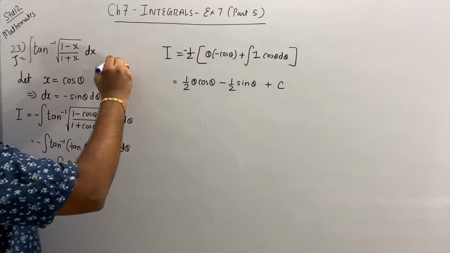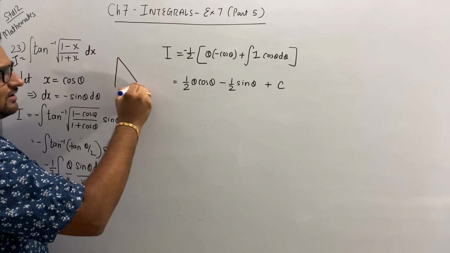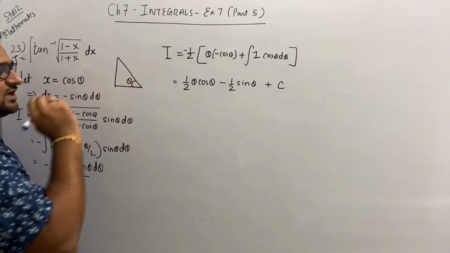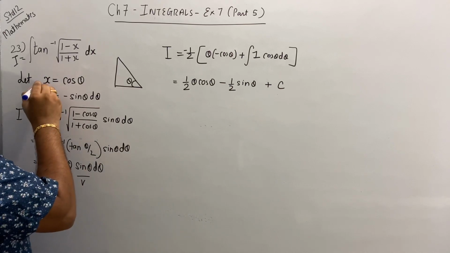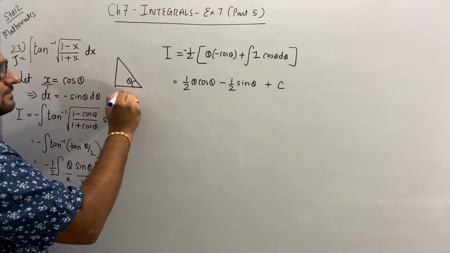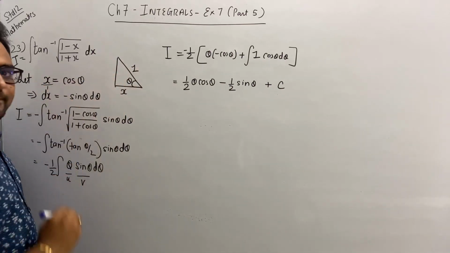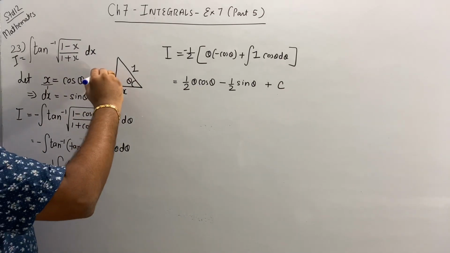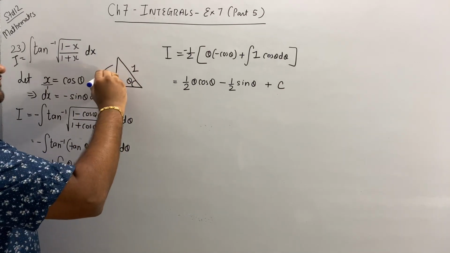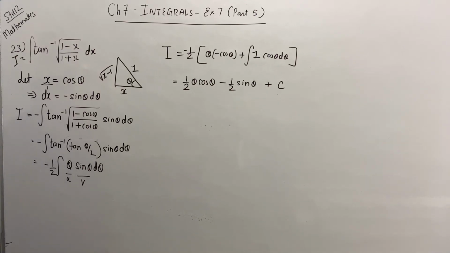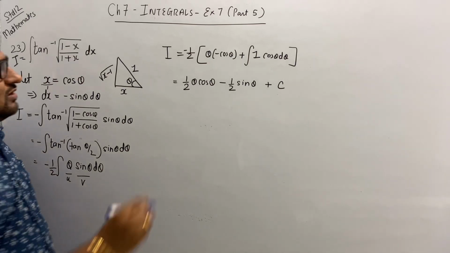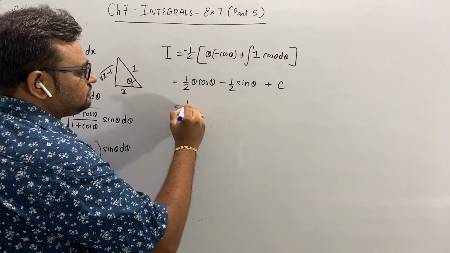So I will form a triangle. Cos theta is adjacent upon hypotenuse, so x, I can take it as x by 1. So using Pythagoras, this will be square root of x square minus 1. Okay, clear?